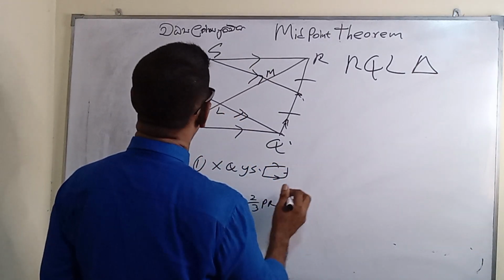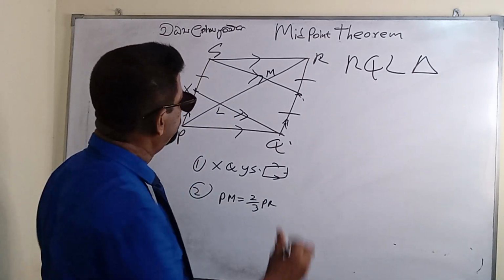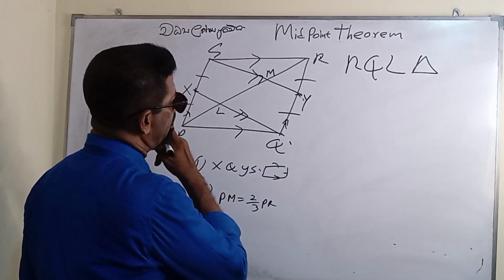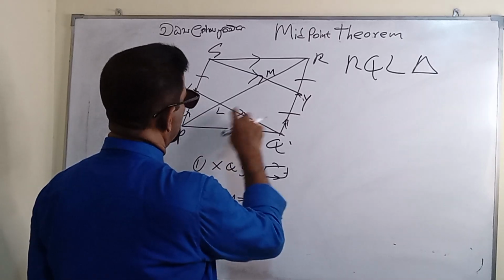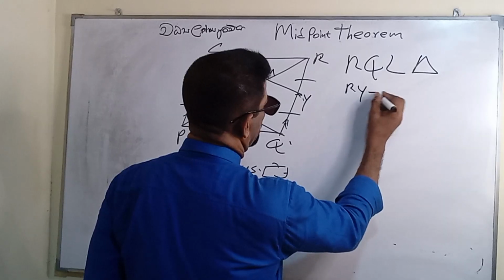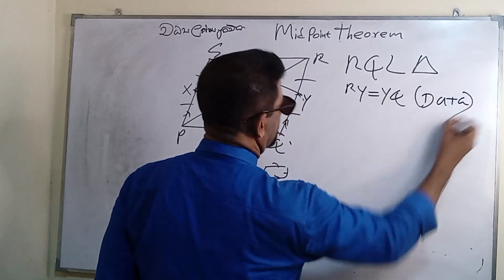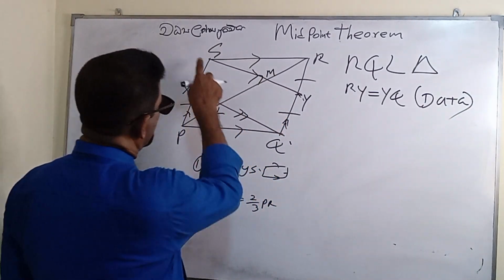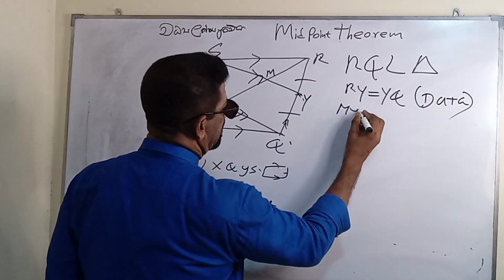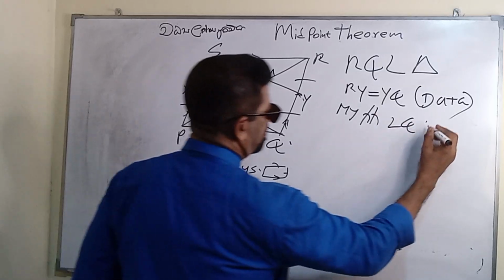We know that in triangle RQL, RY equals YQ, which is given data. Since we already proved it is a parallelogram, we can write MY parallel to LQ. That is already proved.